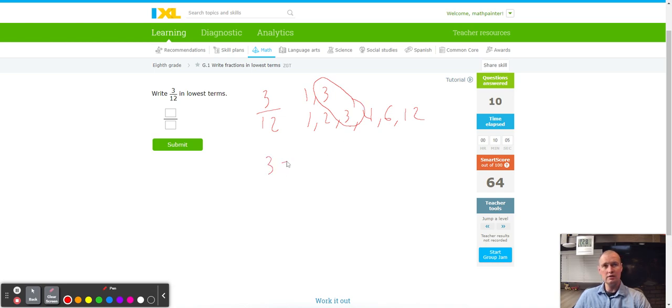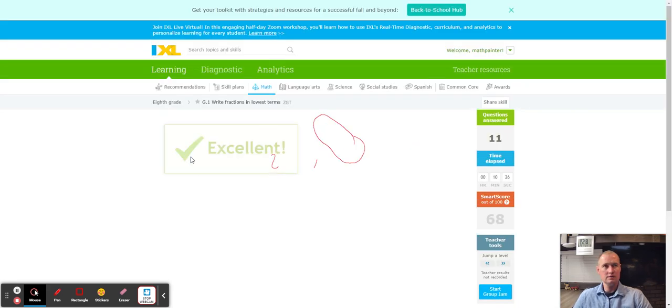So we got 3 divided by 3 on the numerator and 12 divided by 3 on the denominator. 3 divided by 3 gives us 1, and 12 divided by 3 gives us 4. So 1 over 4 on this one.